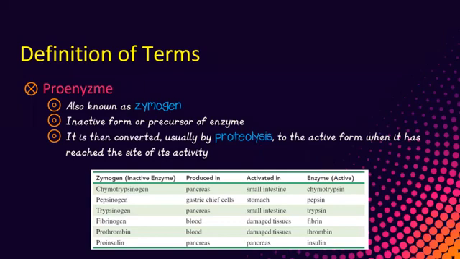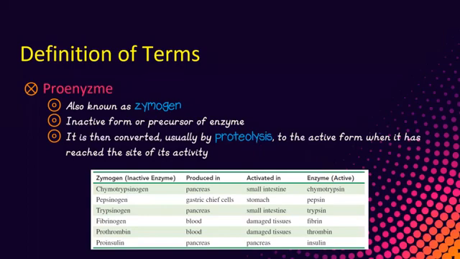Okay, so we have examples here on the table of our zymogen or inactive enzyme. We have trypsinogen and chymotrypsinogen. These types of proenzyme are secreted by the pancreas.